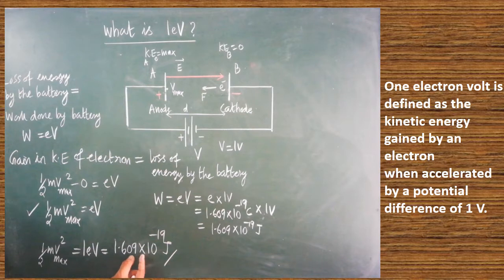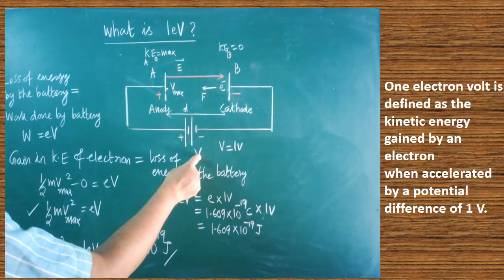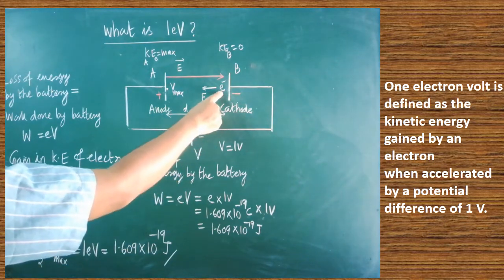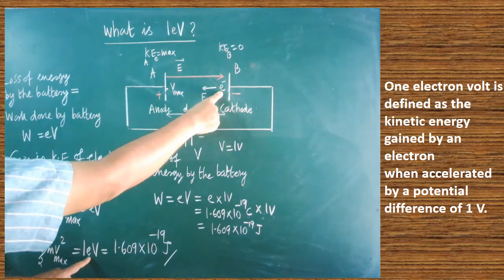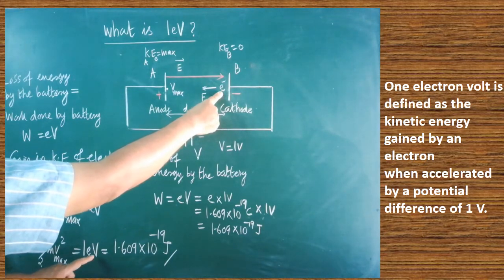Therefore, the loss of energy by the battery is converted into the gain in kinetic energy. Therefore, 1 electron volt is equivalent to 1.609 into 10 to the power of minus 19 joule. The meaning is, if 1 volt is supplied, the electron will gain this much energy. How much energy? 1 electron volt of energy will be gained.